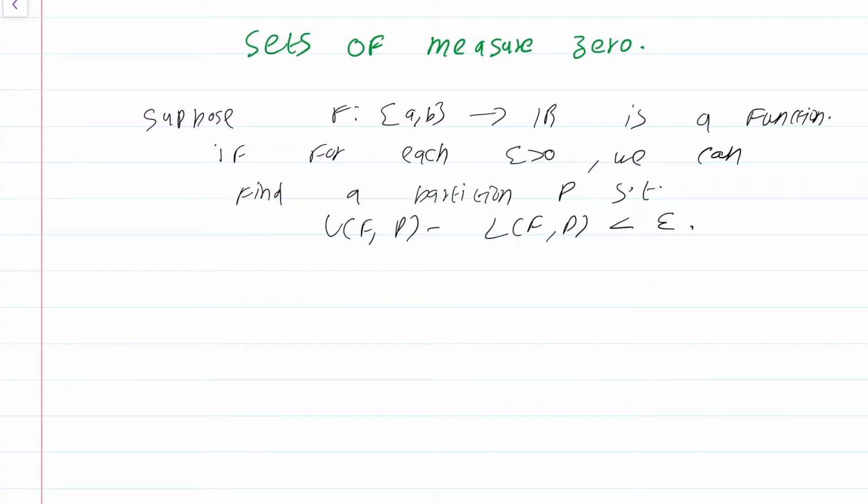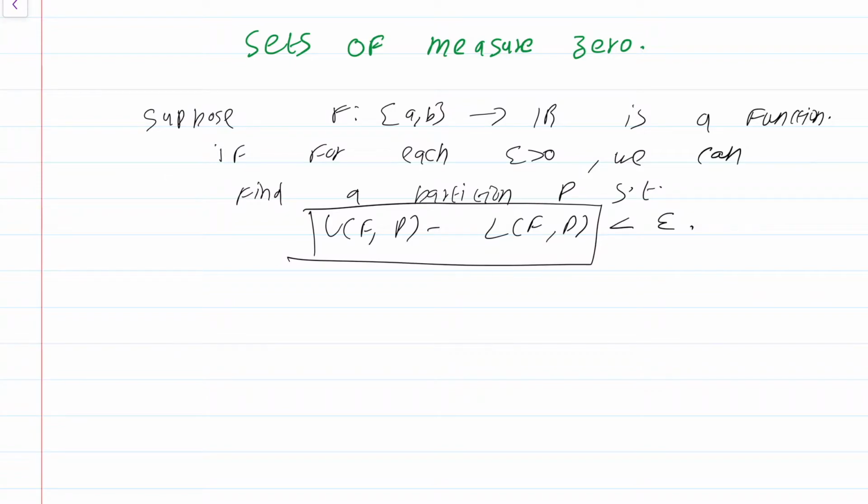Now, from the way in which these upper sums and lower sums are defined, it is clear that U(f, P) minus L(f, P) will be less than epsilon if and only if on each subinterval determined by the partition, the variation of the function f is very small.